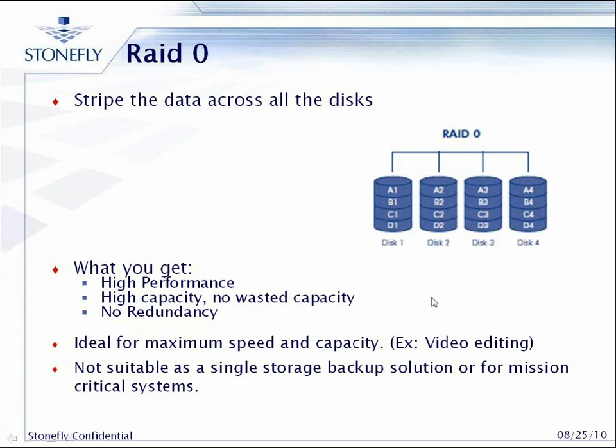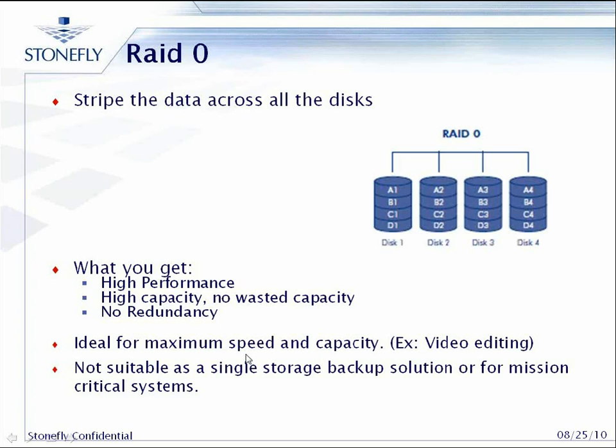But what you lose is redundancy. Since there is no parity disk or spare disk in this RAID set, if you lose one of these disks, you lose access to all of your storage. So that's where the trade-off comes from. RAID 0 gives you higher performance, but there is no redundancy.